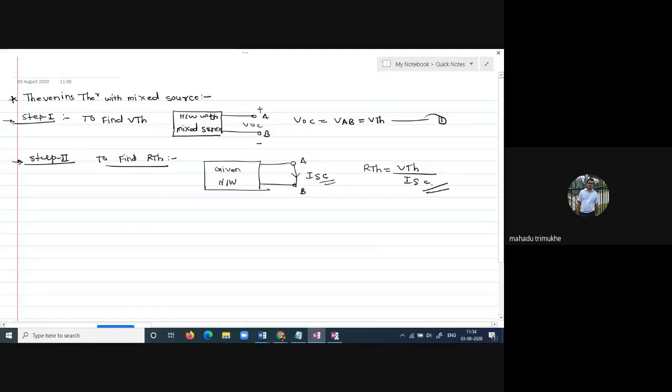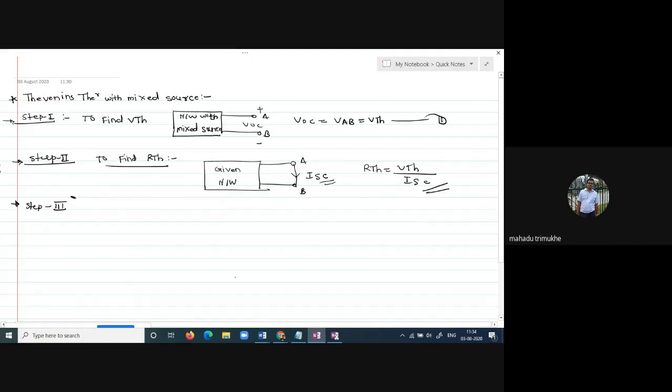To find RTH, we short circuit the load resistor RL and find the current flowing through the short circuit. If you get the short circuit current, then you can easily determine RTH by using VTH divided by ISC. Okay, what is step number three? You have to replace the network by the Thevenin equivalent.